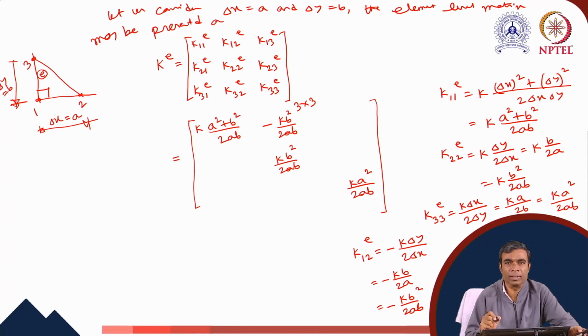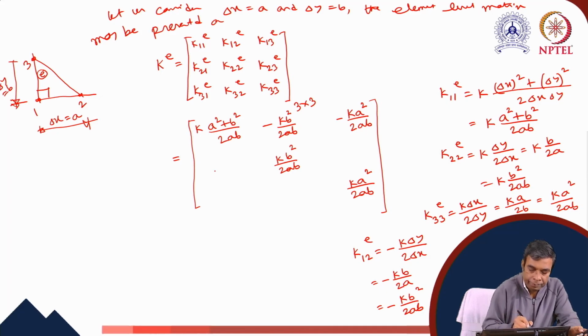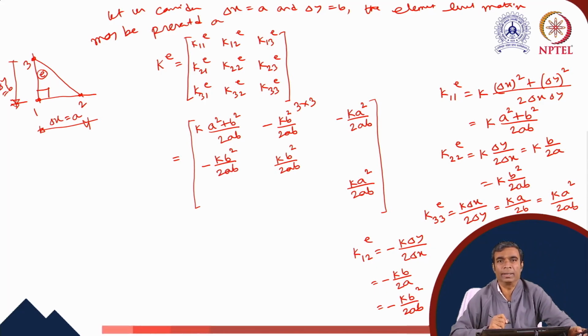I suggest the students to perform these calculations and check these values. So this we can write as minus k a square by 2ab. This is minus kb square by 2ab. We know that the Laplacian operator is symmetric. So this element level matrix must be a symmetric matrix.